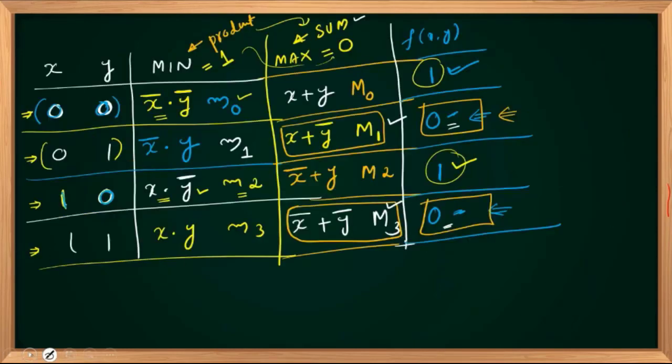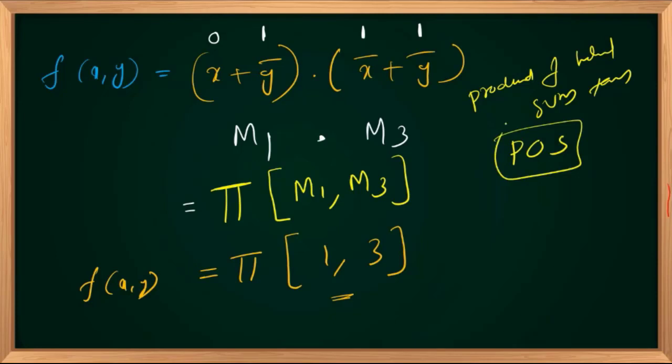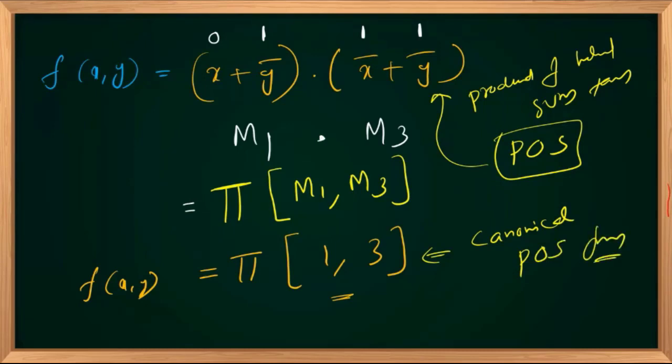And look at the pi expression. This is actually a product of individual sum terms, correct? So it's a POS form, and this is called simplified POS form or canonical POS form, right?